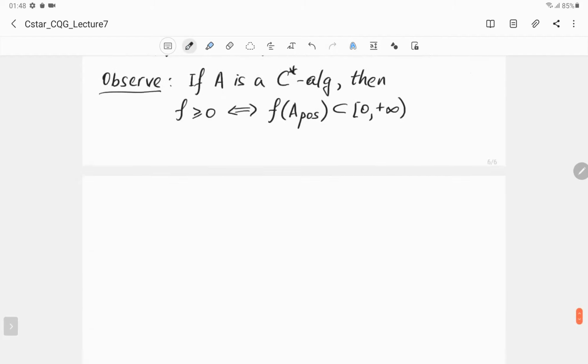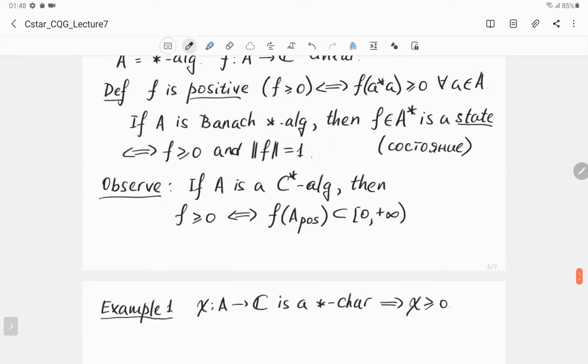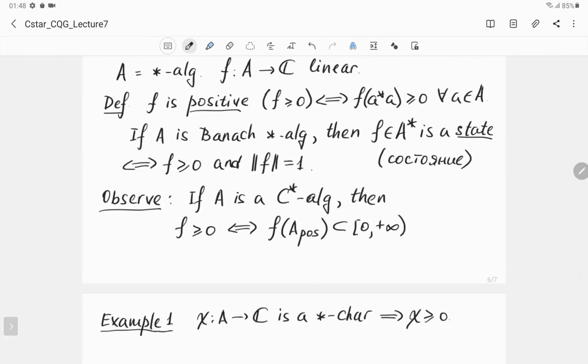Okay, let's now look at some examples of positive functionals. Example 1. First of all, it's clear that each star character is positive. This is clear from the definition, because if we apply it to A star A, then we get the absolute value of chi of A squared, which is non-negative.